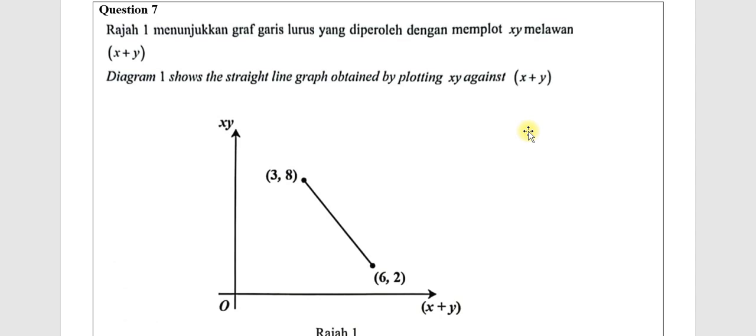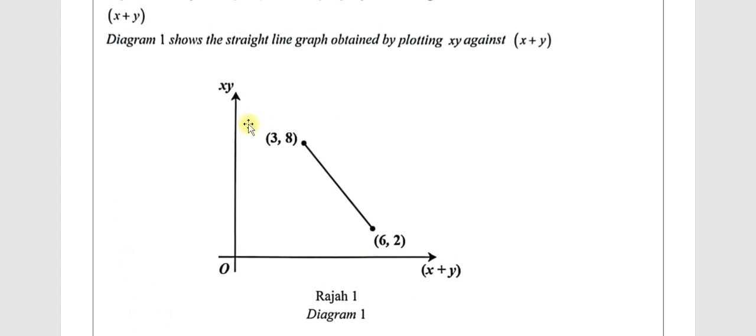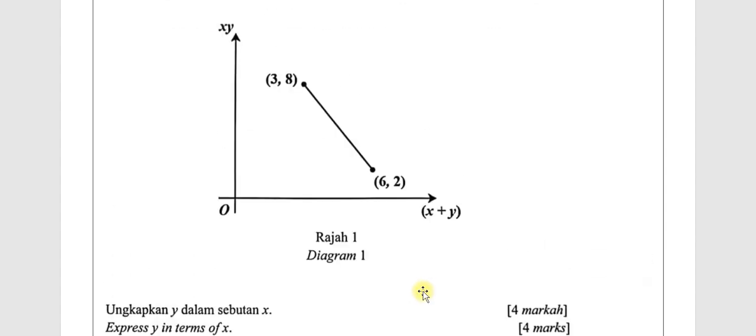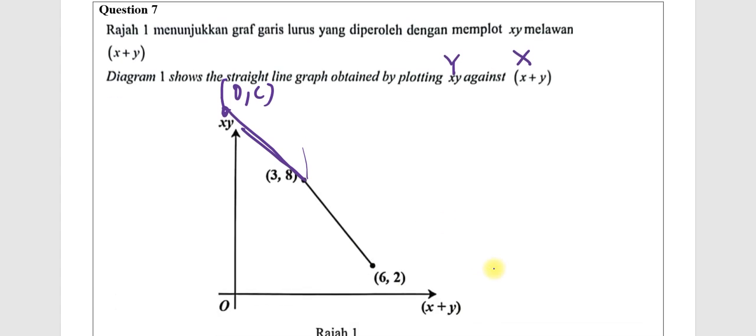3 more to go. Alright. Okay. Ni pelik sikit XY. For the first time, X gabung dengan Y. Okay, tak apalah. But remember, always Y against the X. Jangan confuse. Okay, so X press Y, same thing lah. Okay, tak apa. Ini kita sambung. Dia akan jadi 0C. Don't forget that. Okay, so we find the gradient first.